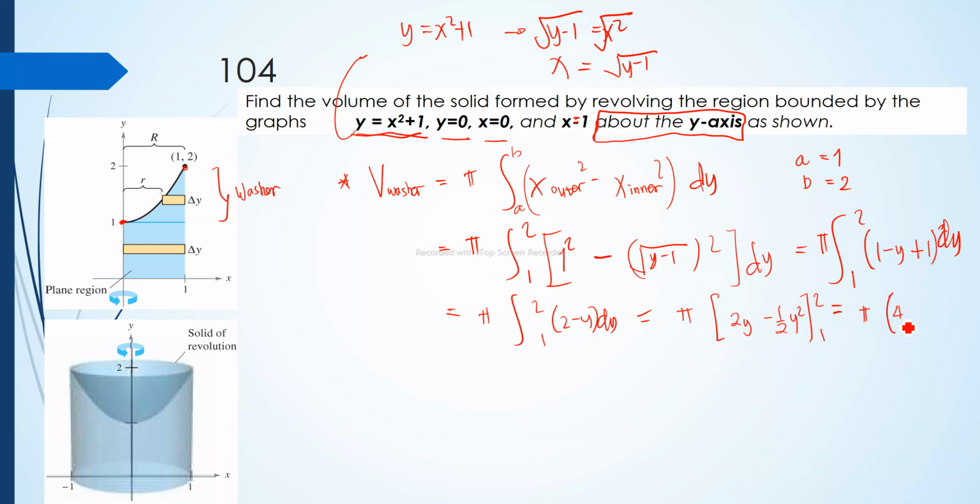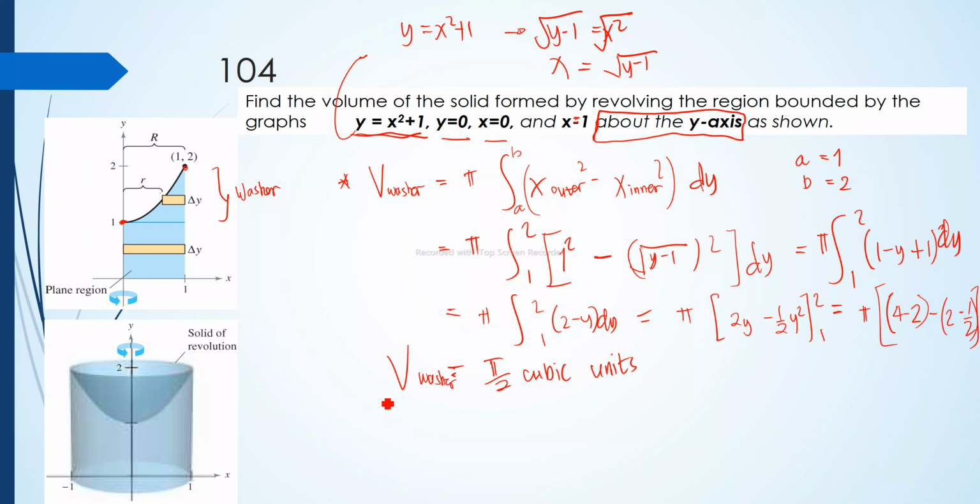We will have 4 minus 2, and then minus 2 minus 1 half. So the volume of the washer, here we arrive at our answer as pi over 2 cubic units.